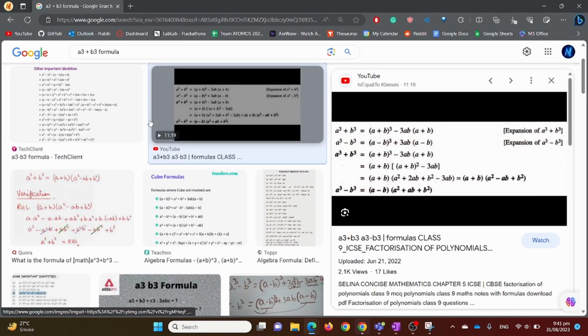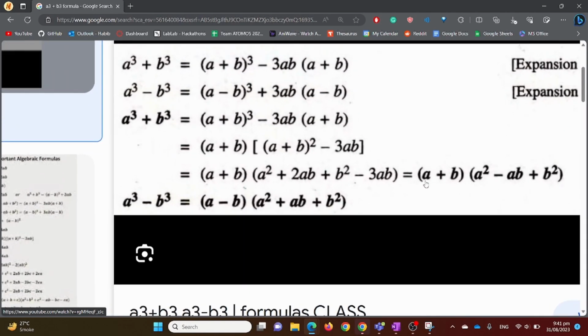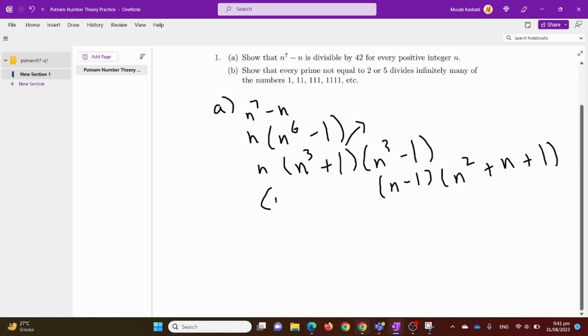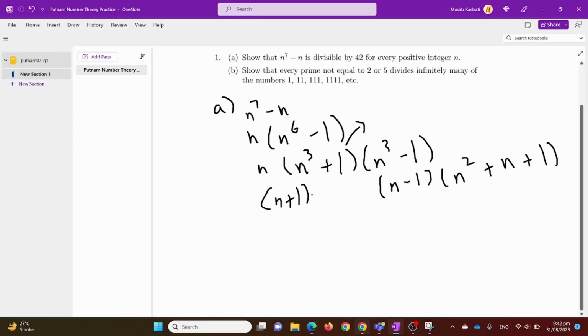This is not the formula I'm looking for. So many formulas I don't need. Okay, this version: a plus b, so n plus 1, times (a squared minus ab plus b squared), so n squared minus n plus 1. And so this is our overall complete expansion. Beyond this would be hard to go.